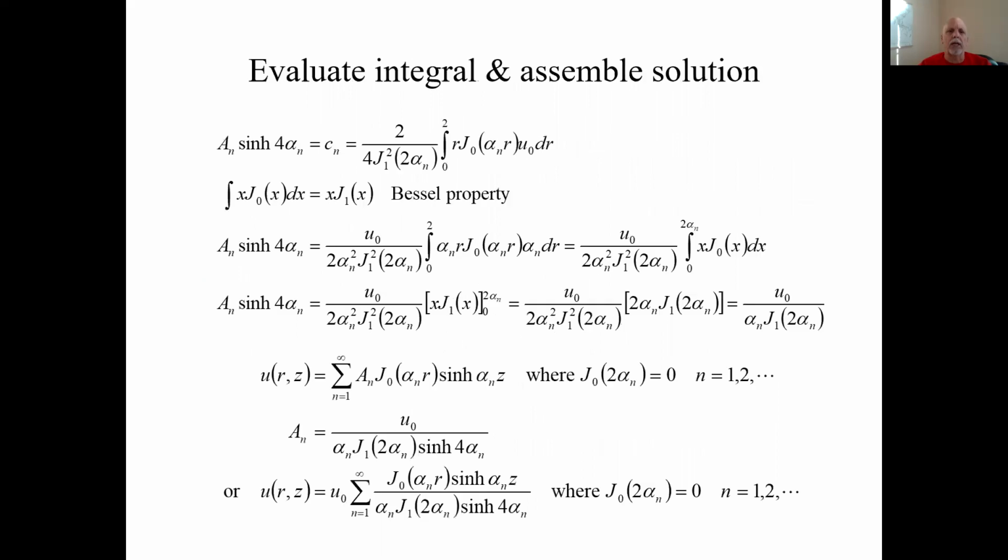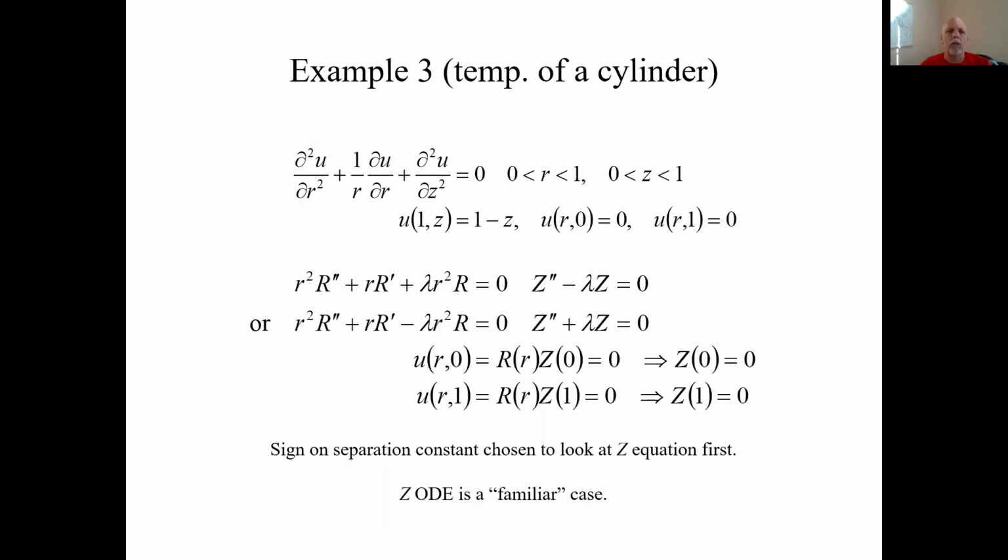Let's go to this last little example. Here it's the same partial differential equation governing the temperature, but here are the different boundary conditions. Here the cylinder only has a height of 1, with temperature 0 at the top and bottom, where z equals 0 and z equals 1. Here's the function of z along the sides, on the outside.